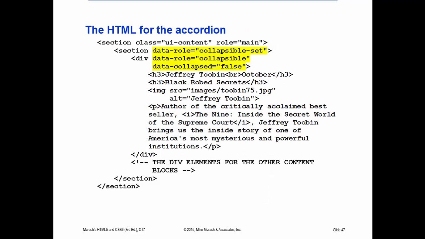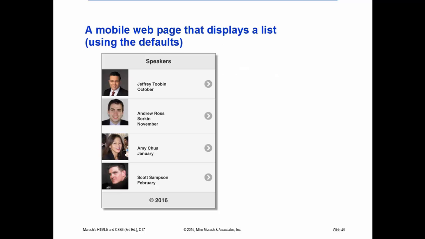You can create lists if you want to do that. So here's a web page that displays a list using the defaults. In the first example that you see here, the user can tap anywhere on the content block to go to a page that gives more information about that speaker.